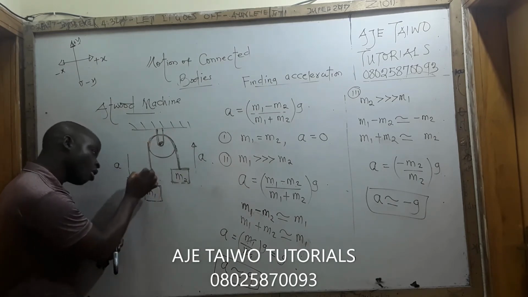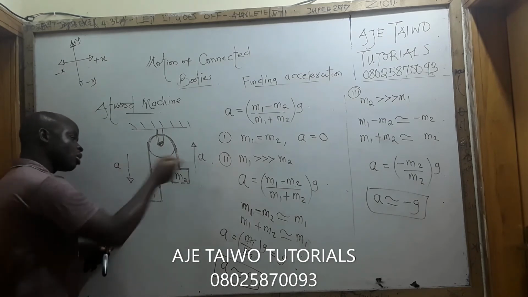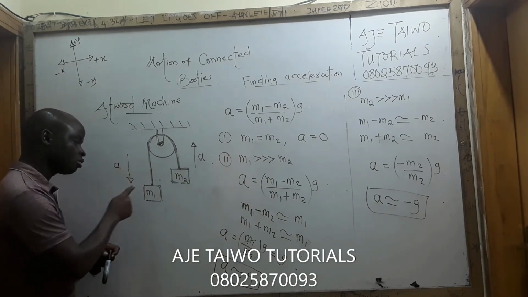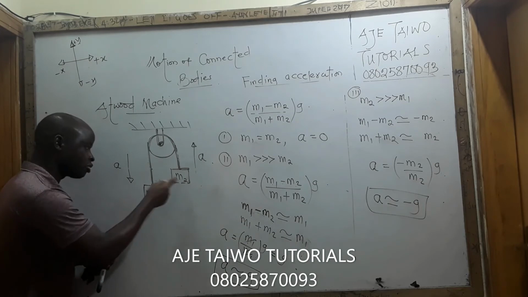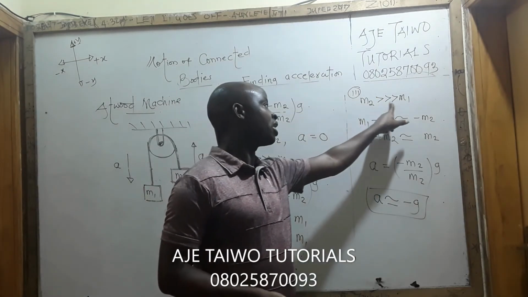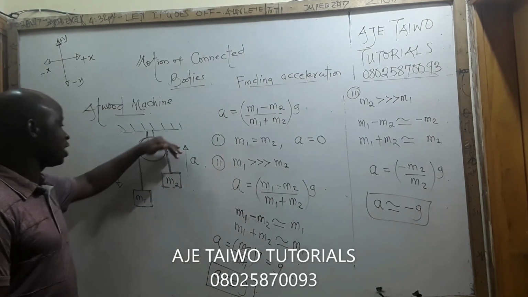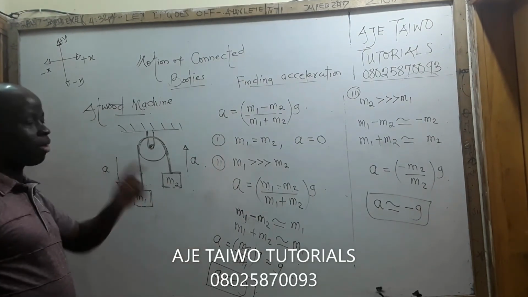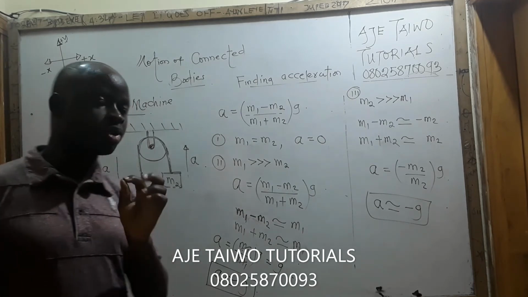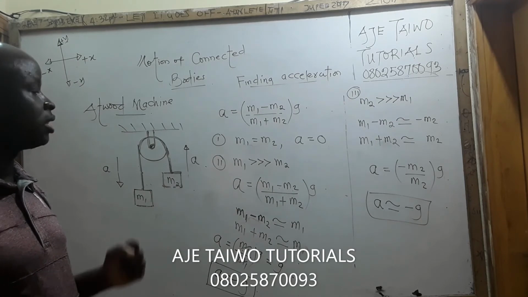By our assumption, we've assumed that m1 is greater than m2. We now did the reverse: what if m2 is more than m1? Then here should come down and here should go up. So our A is negative, showing that the direction should change.